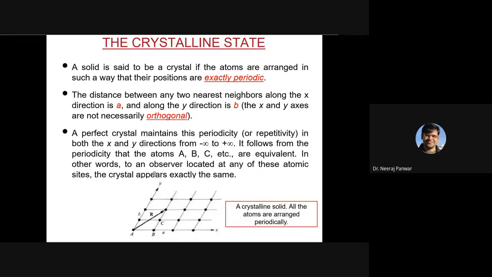In other words, to an observer located at any of these atomic sites, the crystal appears exactly the same. When we say the crystal is exactly the same, it means that the arrangement and orientation of atoms, or a group of atoms, is the same when the crystal is viewed from position A, or from any different position. So this is an example of a crystalline solid. Atoms are arranged periodically.